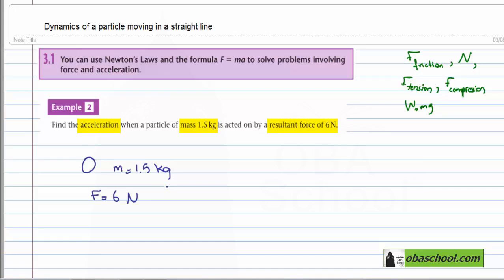Then, having the mass of the particle and the resultant force acting on it, we can directly use the equation of Newton's second law, where the resultant force F is equal to the mass of the particle multiplied by its acceleration. So F is equal to m multiplied by a. Then to calculate a, we divide both sides by the mass m.